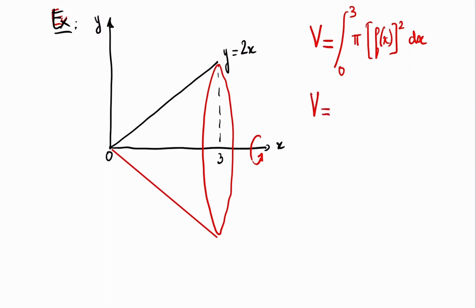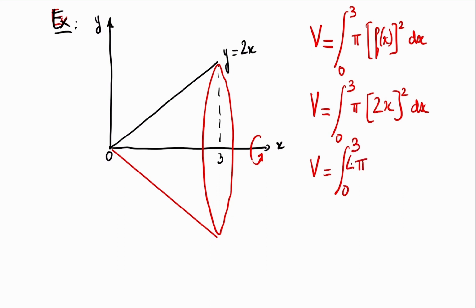Let's substitute f of x equals x now. So that's 0 to 3 of pi times x squared dx.